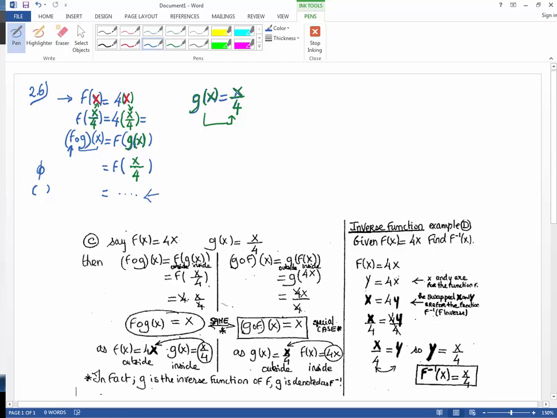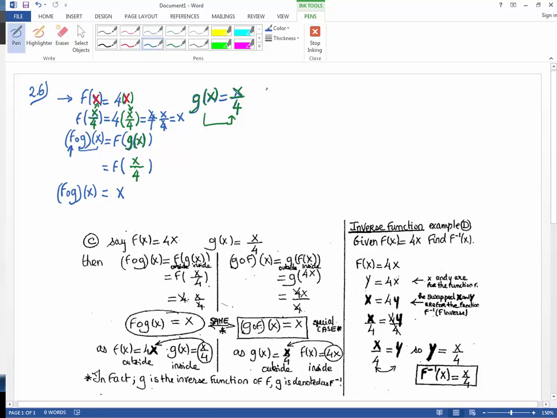So let me do all the cleanup where I am located right now. So this is 4 times x over 4, and that 4 is over 1, so those 4s cancel, and we just get x. So f evaluated at x over 4 is just x, and that's what fog of x turns out to be. So f composed with g of x is equal to x.